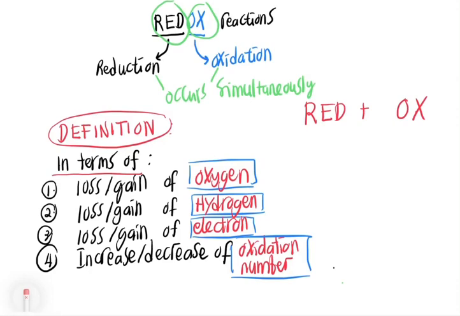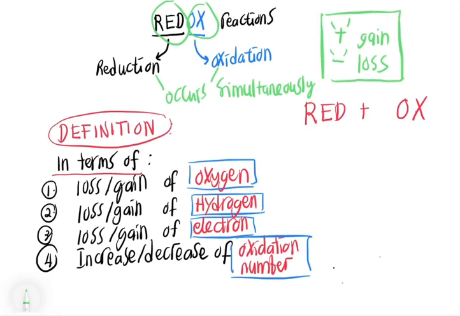To simplify this for you, I will use a plus sign for gain and a minus sign for loss. And the definition will be in terms of oxygen, hydrogen, electron, and oxidation number.